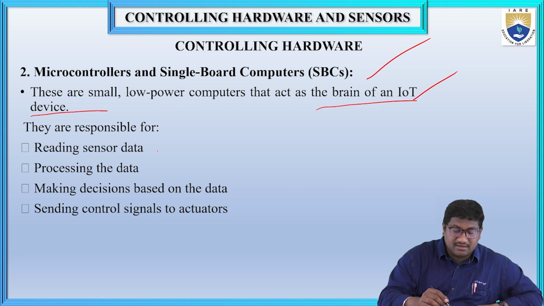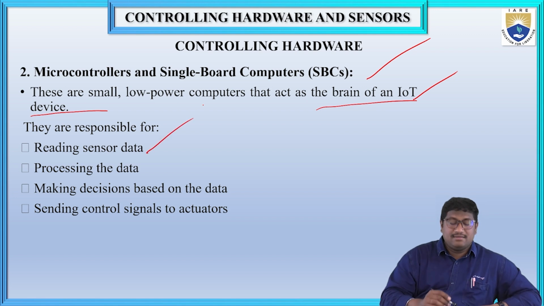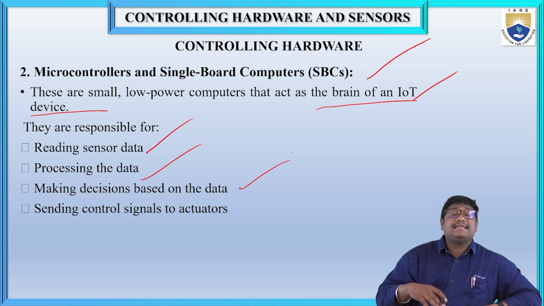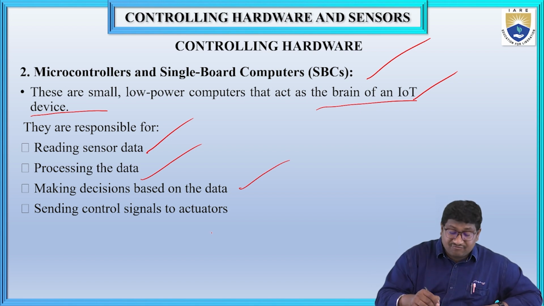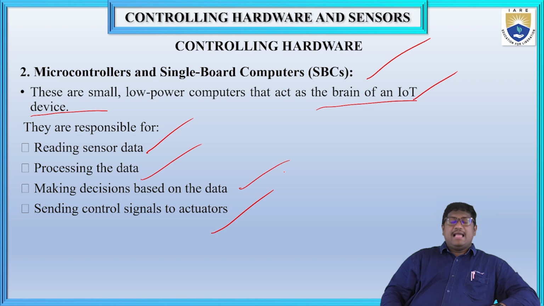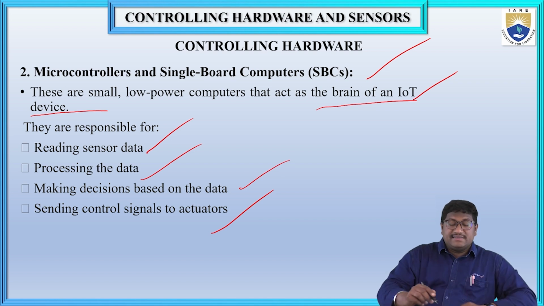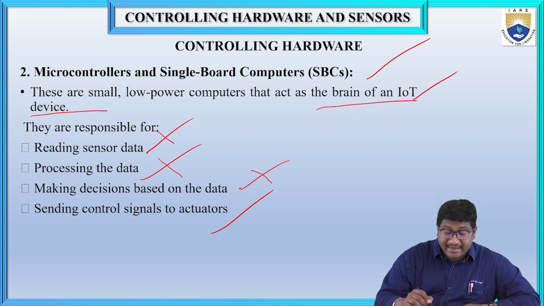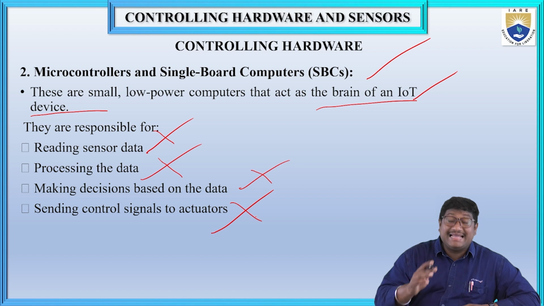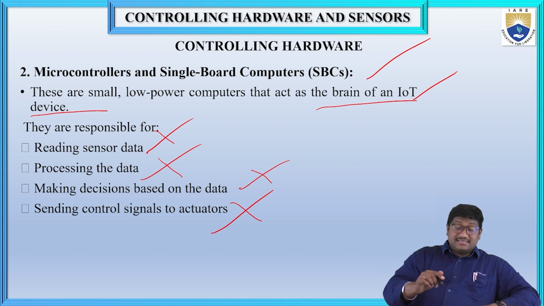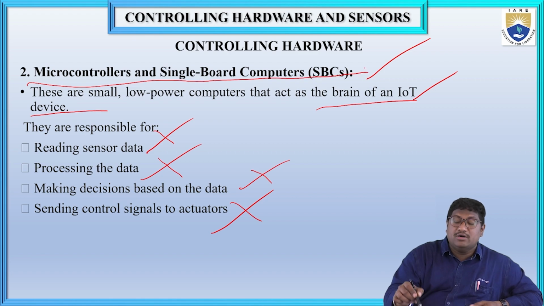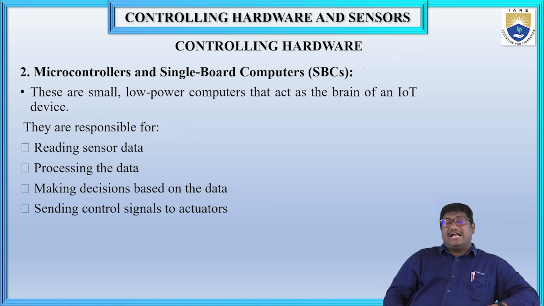These are responsible for reading sensor data, processing the data, making decisions based on the data generated by the sensors, and sending control signals to the actuators. These four things can be done by microcontrollers and single board computers, which are SBCs in short.